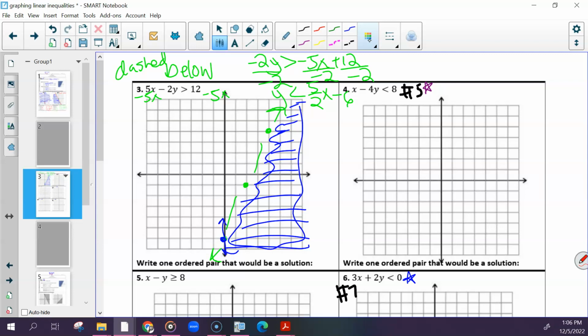That would work. Anyone else want to see if their solution point would work?